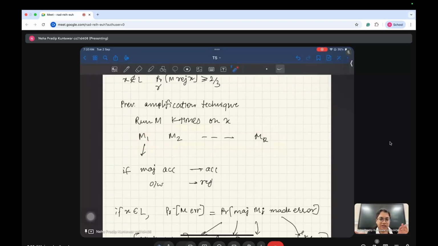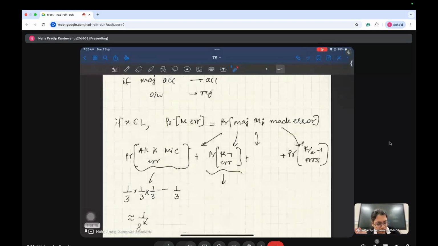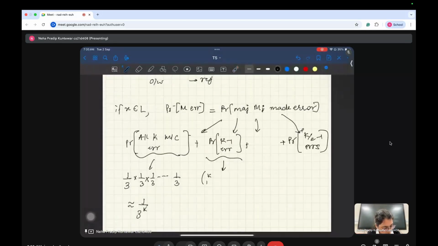So there are several choices or subsets; in fact, there are k choose k minus 1 many subsets. The probability that one of them is correct is 2/3, and the probability that all the rest make an error is 1/3 multiplied k minus 1 many times. This is nothing but 2k over 3 to the k, and so on.